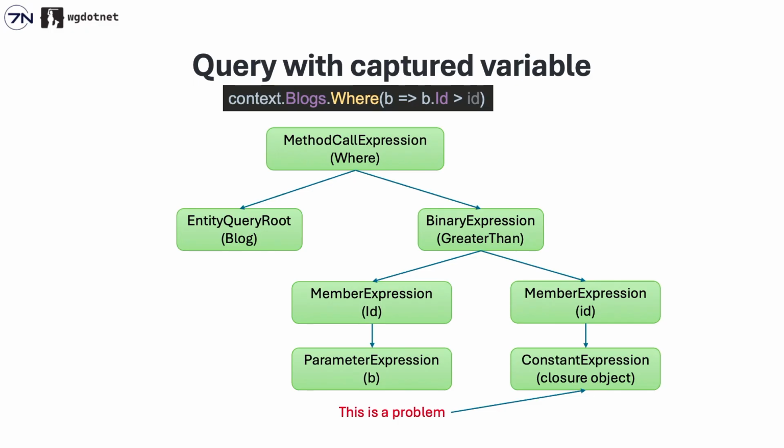And the problem, from a caching perspective, is that this is a constant expression to a heap-allocated closure object that will be different every single time we call this. Every time we call into here, we're going to have a different closure instance with a different field value on it, which means that our cache will always give us a miss. We'll always fail the equality check because we have this thing that differs every single time.